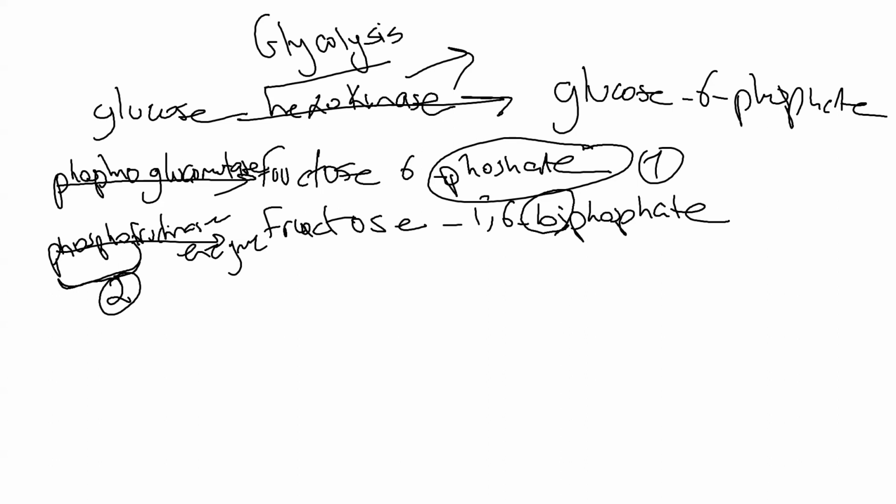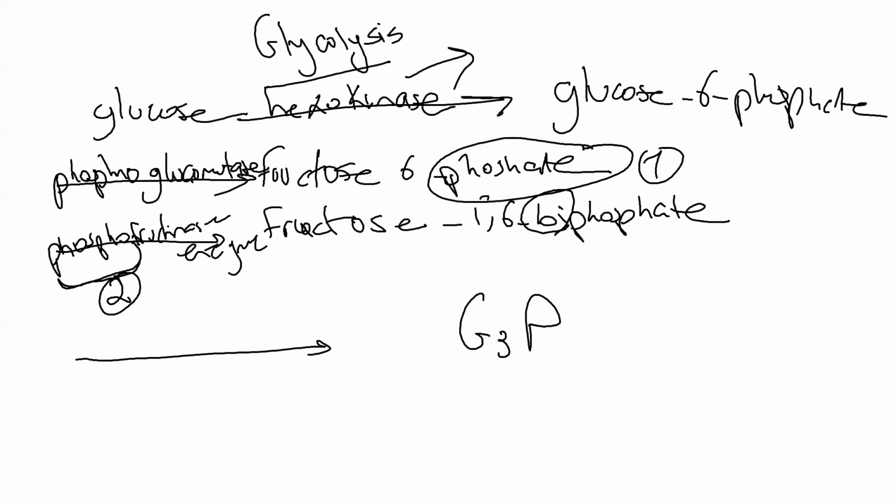Okay, and then this fructose biphosphate will become 2 G3P. Or let's say 1 G3P for now, and then I will say why they become 2.